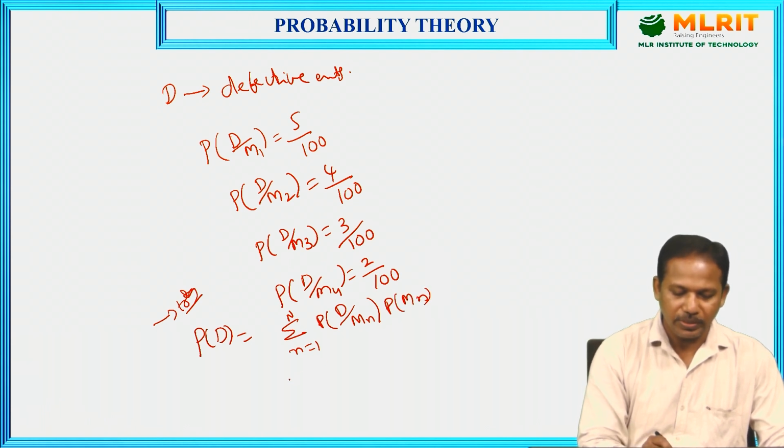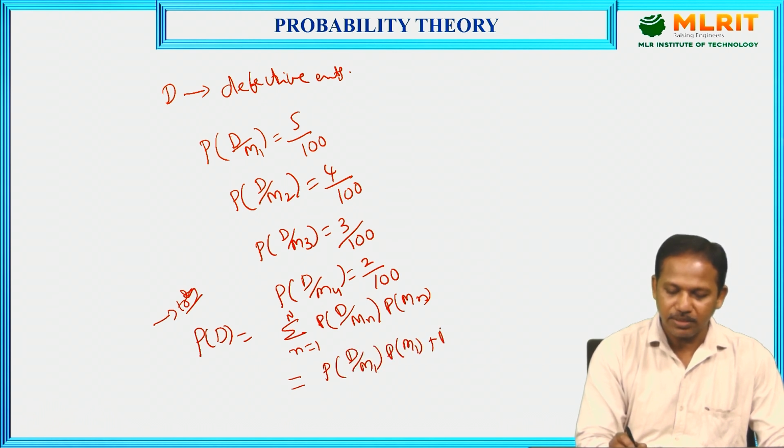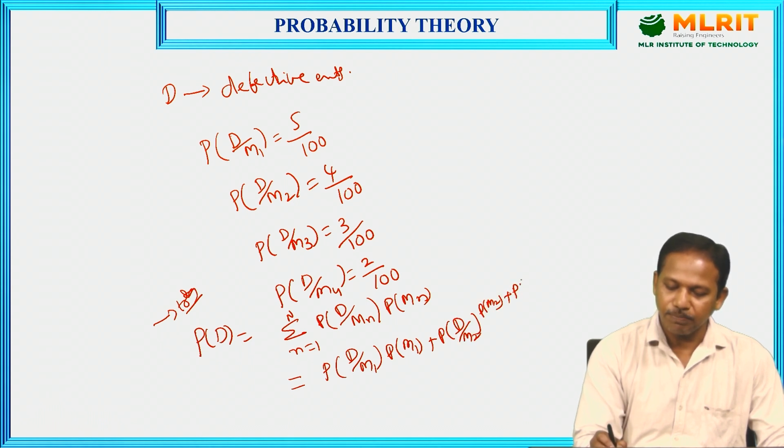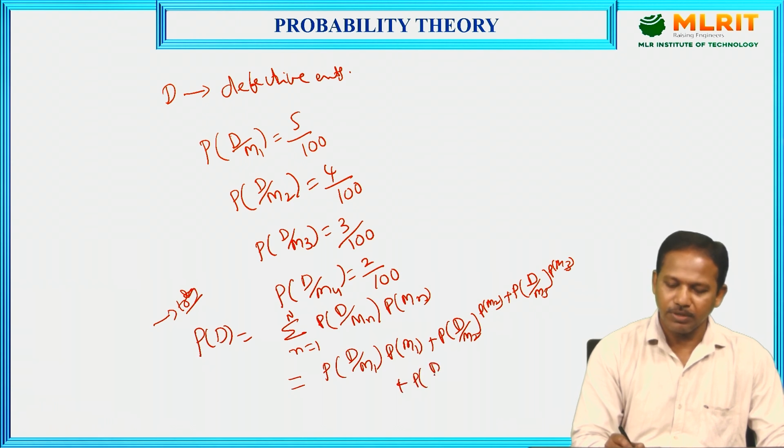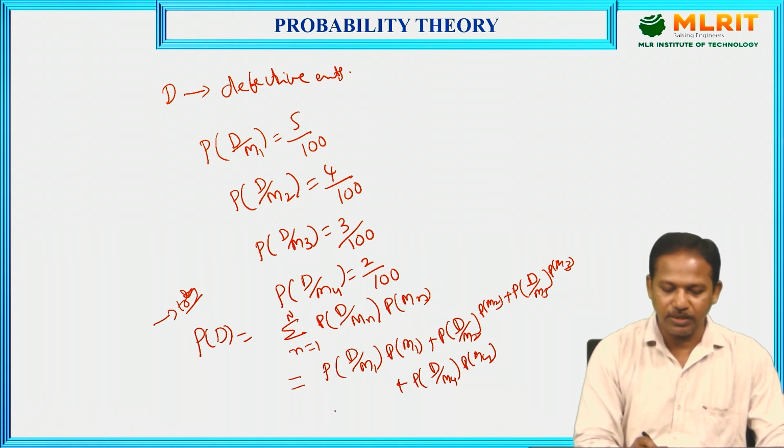You can expand it: if n equal to 1, we can write P of D by M1 into P of M1 plus P of D by M2 into P of M2 plus P of D by M3 into P of M3 plus P of D by M4 into P of M4. Now, I need to substitute all these values.